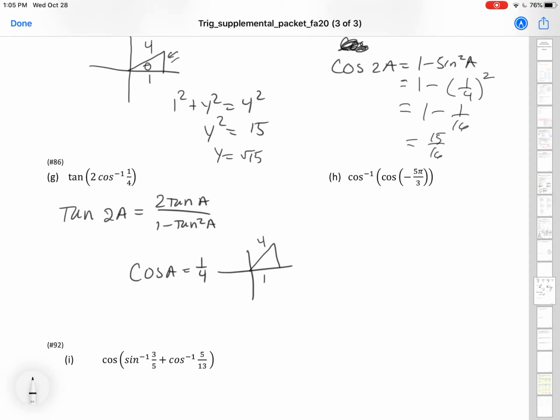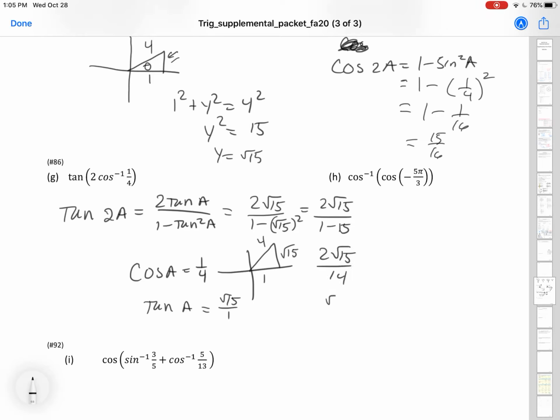And so we have the 1 and the 4, and we're going to get the same root 15 out of that. So what's the tangent of a? Opposite root 15 over adjacent 1. So this is 2 root 15 all over 1 minus root 15 squared, or 2 root 15 all over 1 minus 15, or 2 root 15 over negative 14, or negative root 15 over 7. And we can do it that way.